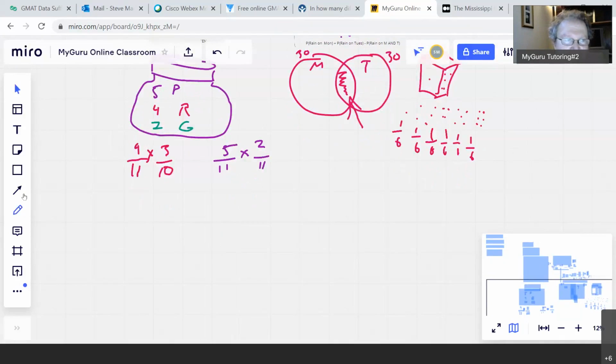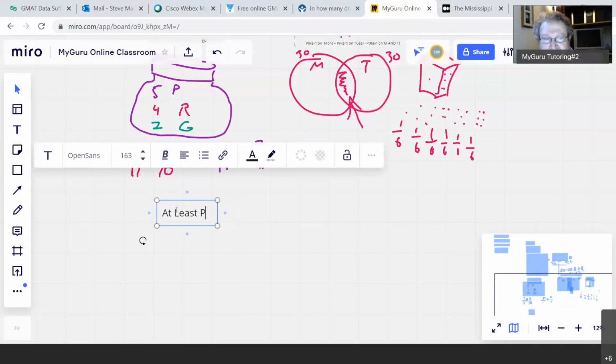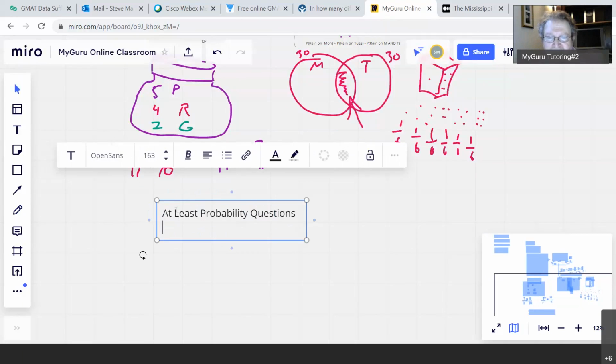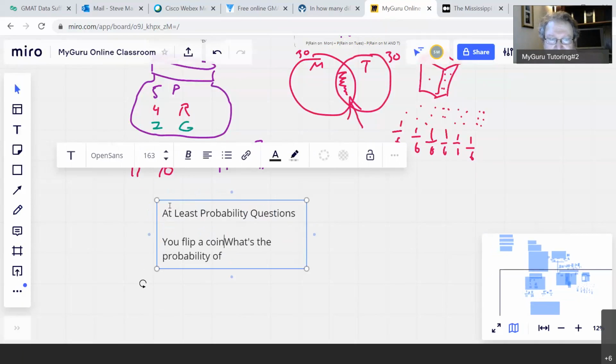Okay, now let's talk about at least probability. Let's say I asked you, for example, okay, let's do it this way. You flip a coin 4 times. All right.